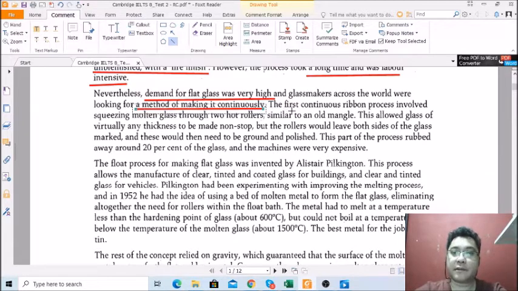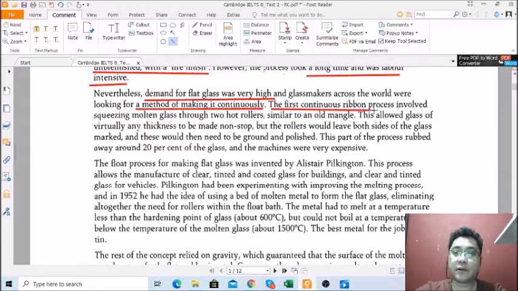Then we find here the first continuous ribbon process. Again, the word first is quite unique, so you have to underline that. The first continuous ribbon process involves squeezing molten glass through two hot rollers, similar to an old mangle. This allowed glass of virtually any thickness to be made non-stop.